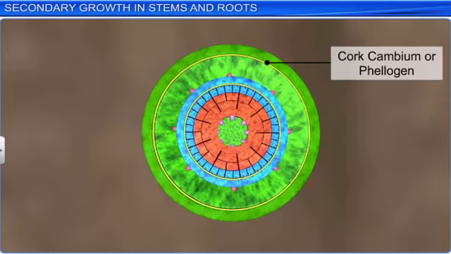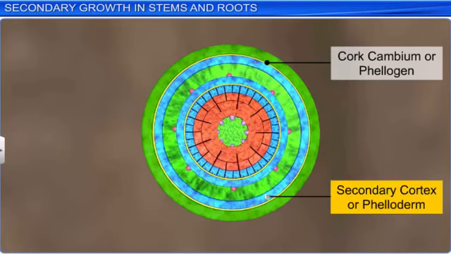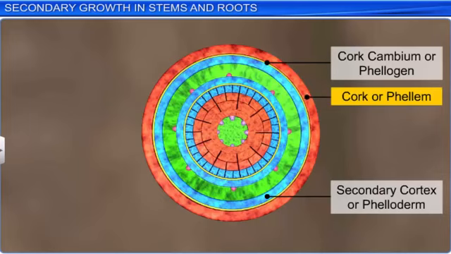In the phellogen, differentiation of cells begins on both sides. As a result, the cells of the inner surface differentiate into the secondary cortex or phelloderm, while the cells of the outer surface differentiate into cork or phellum.